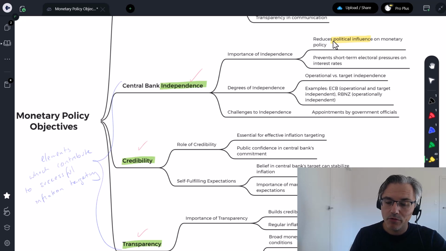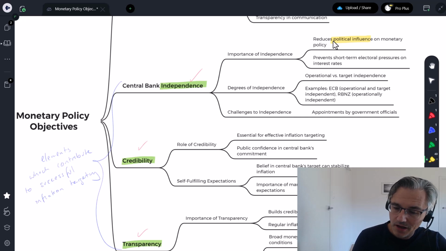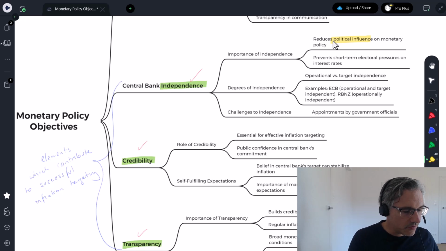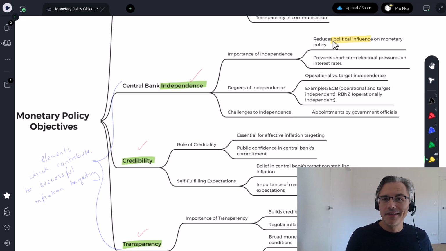This separation is deemed to be very crucial to prevent political interference in monetary policy decisions, because politicians, with their goal of probably winning the next elections, try to exert pressure on the central bank, often to reduce interest rates, to make people's lives easier, to make their mortgage loans less expensive.